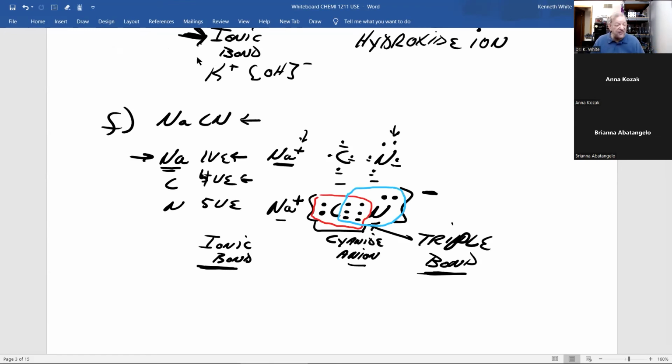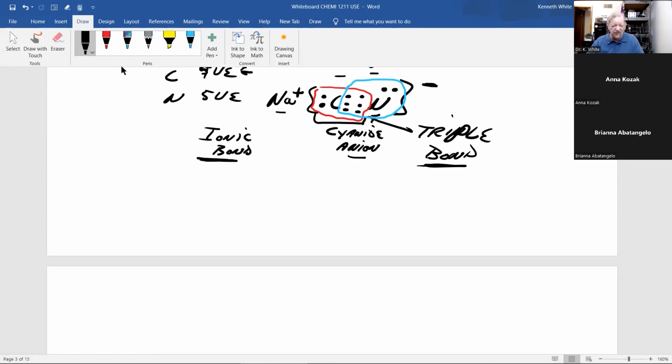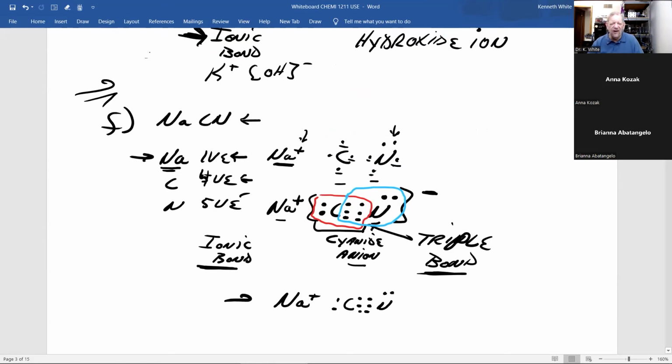So both have their octet, and that's the structure. Let me show you how you'd answer that. And this would be the actual answer, but I'm showing you all this because that's the thought process to get to the final answer. And that's how you do multiple bonds.